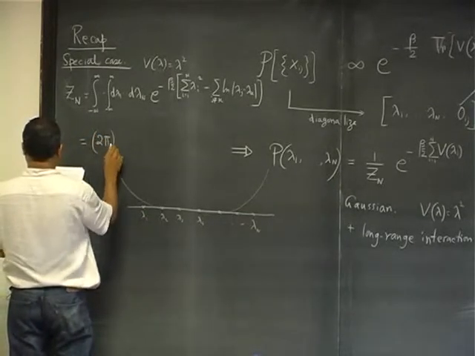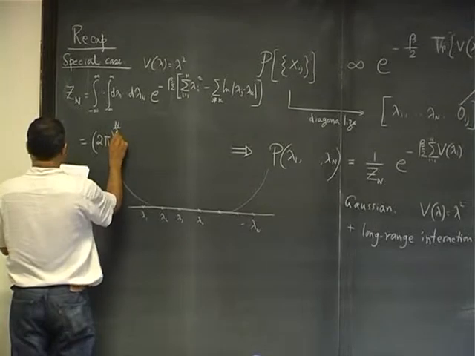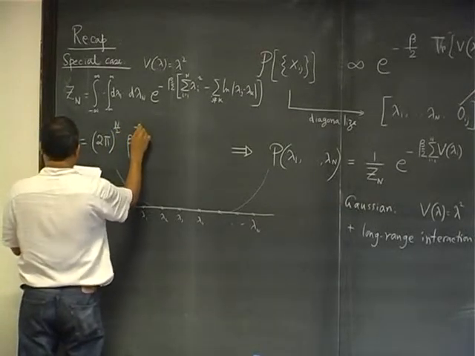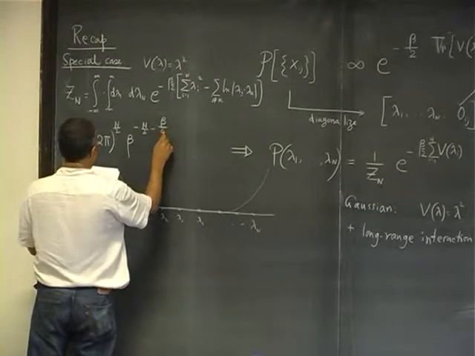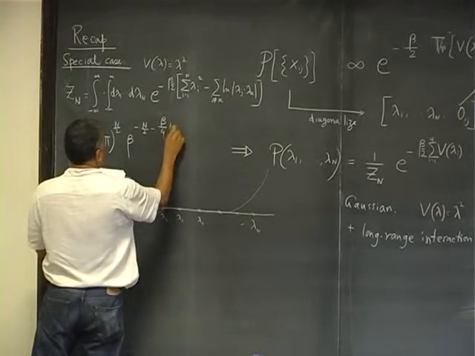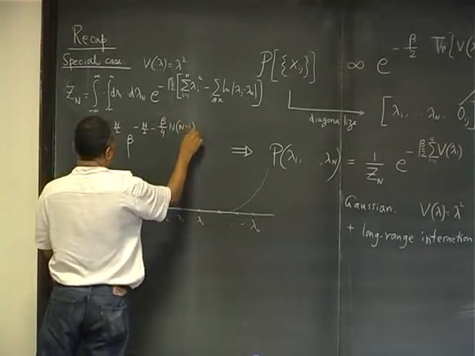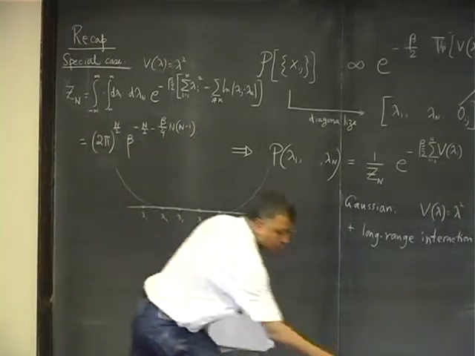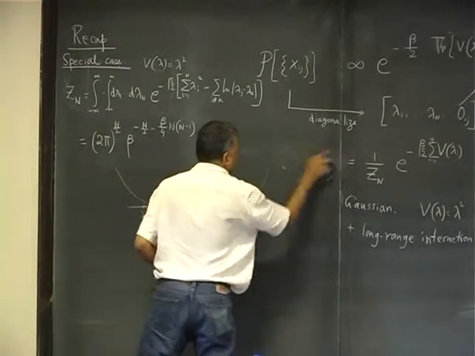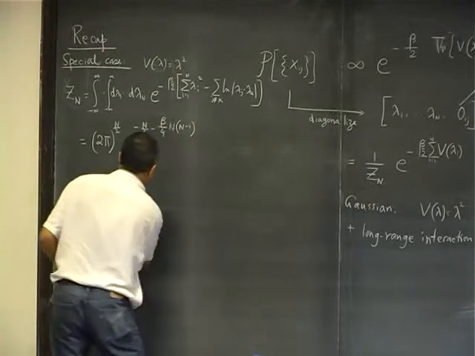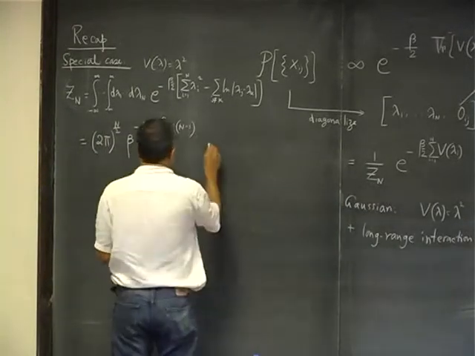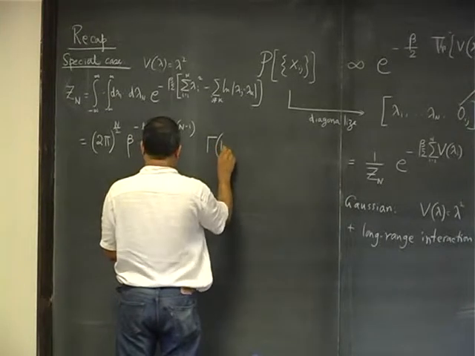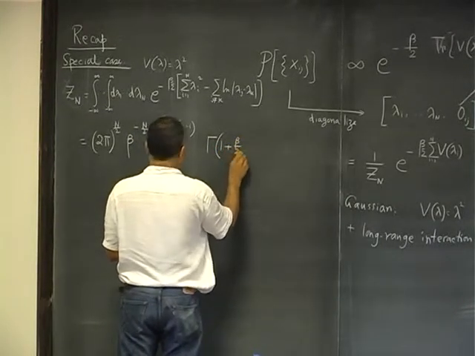This is 2 pi to the power n over 2, beta to the power minus n over 2, minus beta over 4, n into n minus 1, times this gamma function of 1 plus beta over 2.